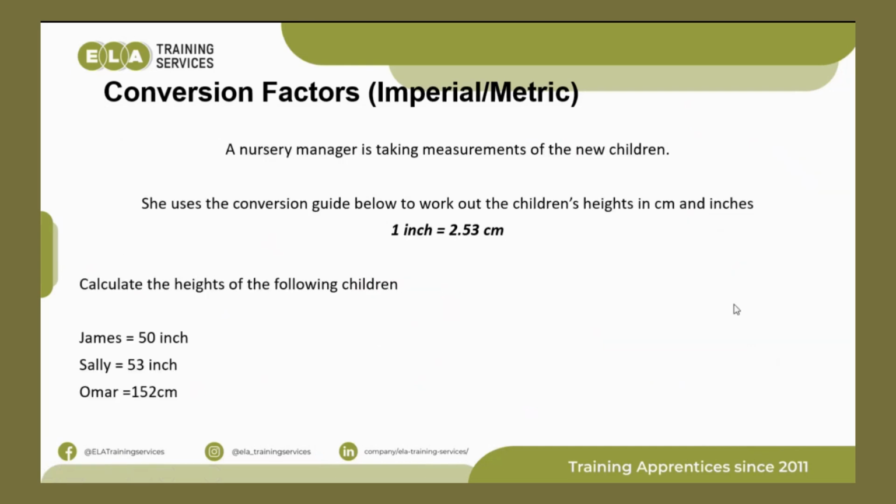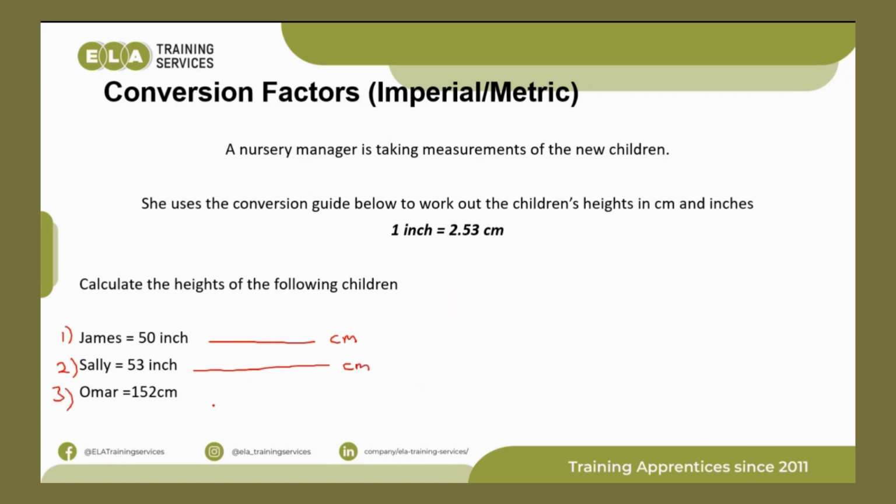So let's have a look at this in terms of a question. A nursery manager is taking measurements of the new children. She uses the conversion guide below to work out the children's heights in centimetres and inches. So if 1 inch equals 2.53 centimetres, I want you now to have a go at working out James's height in inches, and I want it in centimetres. Sally's height, which is in inches, and we want it in centimetres.